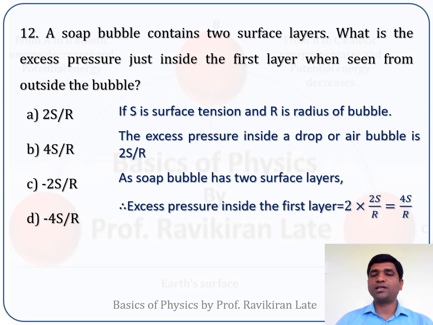So the excess pressure inside the soap bubble will be 2 into 2S upon R, which comes out to be 4S upon R. So the correct answer option in this case is option number B, 4S upon R.